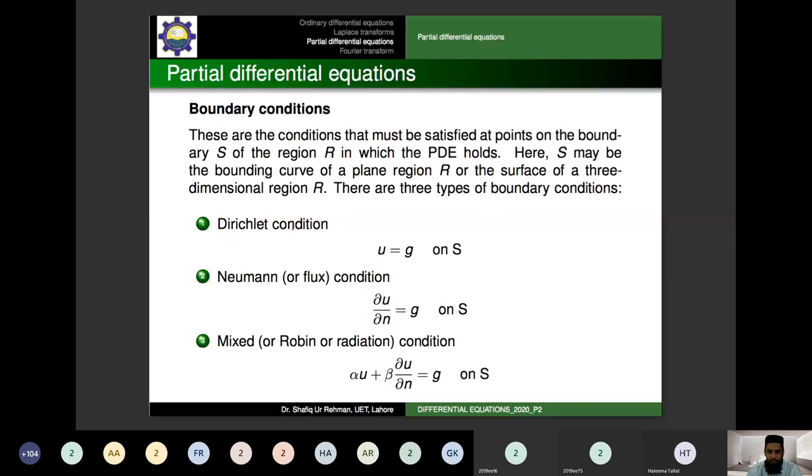Neumann conditions are involving derivatives, whereas mixed or Robin, sometimes Robin or radiation conditions, are going to be the combination of Dirichlet and Neumann. In loose terms, we could say that these are conditions involving the dependent variable and its derivatives.